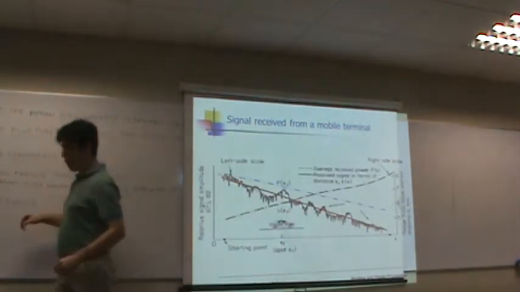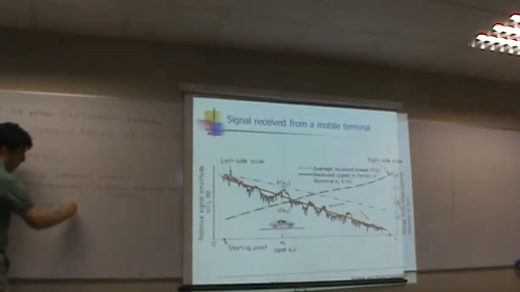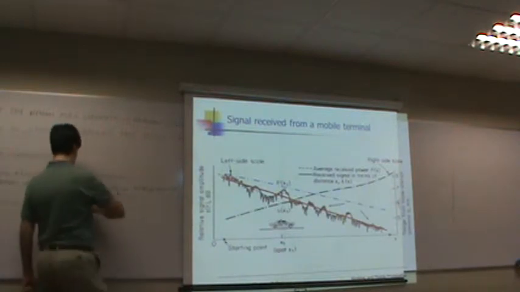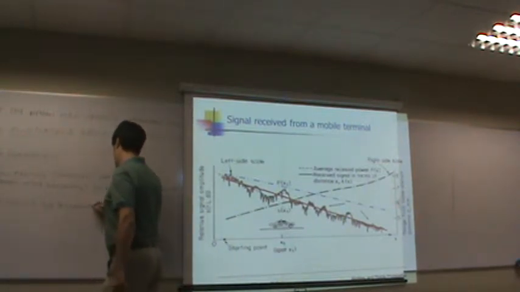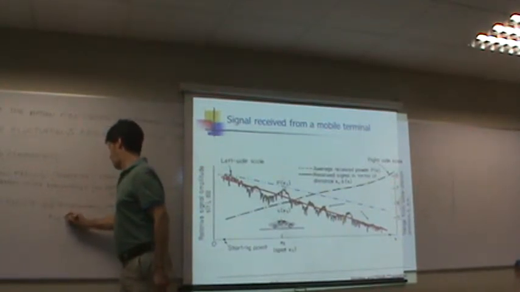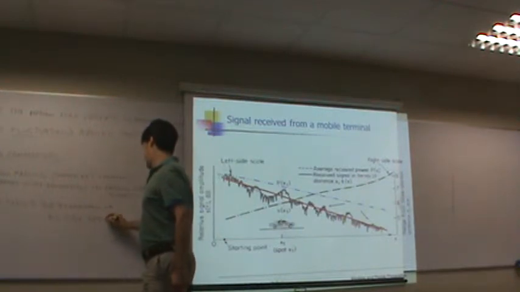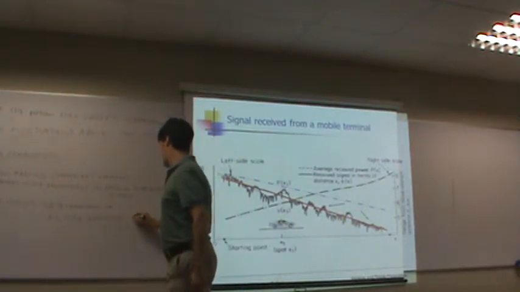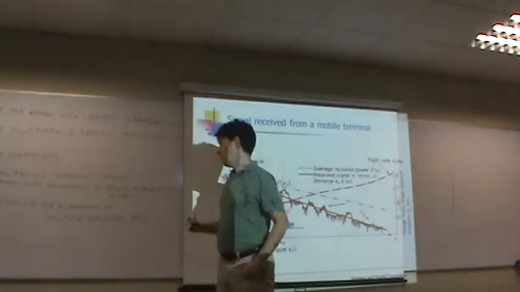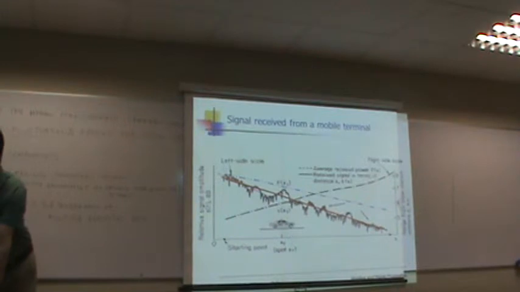Fast fading is due to the combination of multiple reflected rays, but we will discuss this next time.